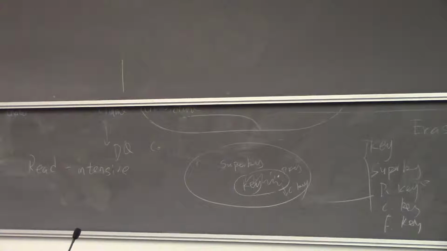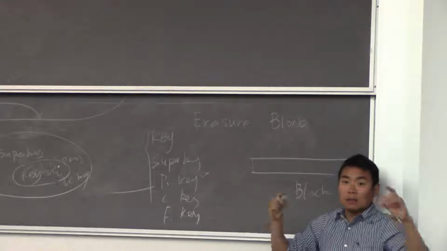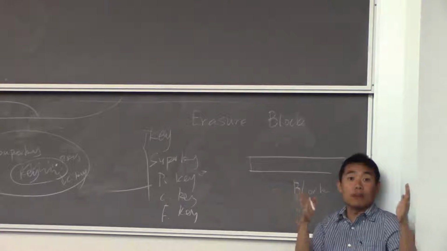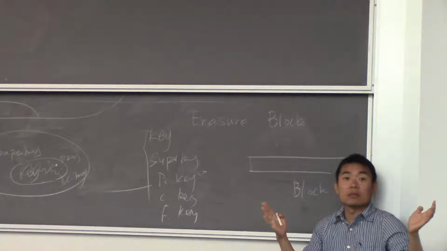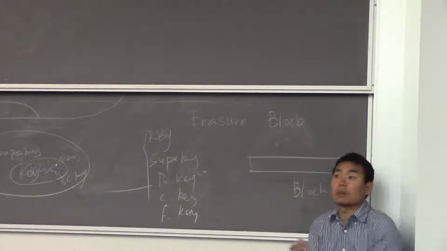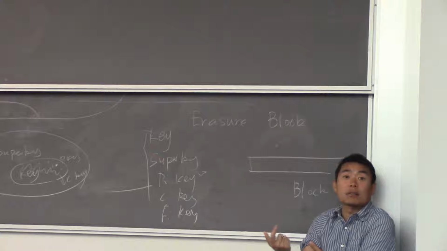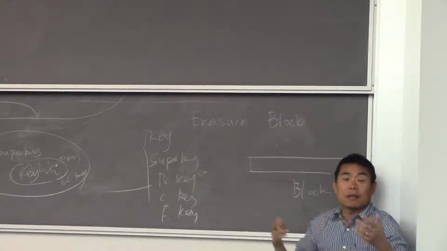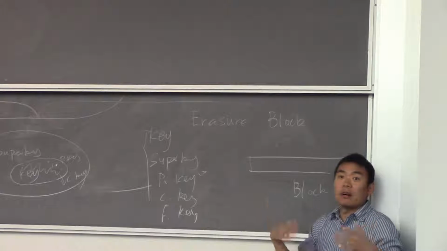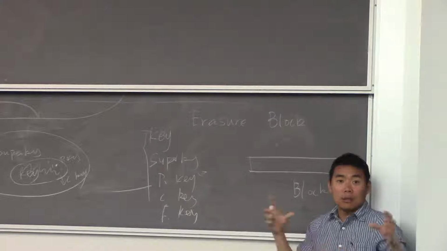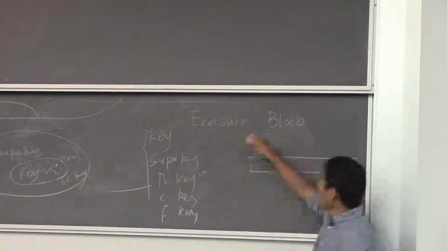For now you can think of this as a page, but in practice in a solid state drive, the erase block is often bigger than a single page. It's a collection of pages. Typically this is 64 kilobytes or 128 kilobytes. If you have 4 kilobytes page size, this is roughly 16 or 32 pages that are organized into a block. And that's what we call the erase block.